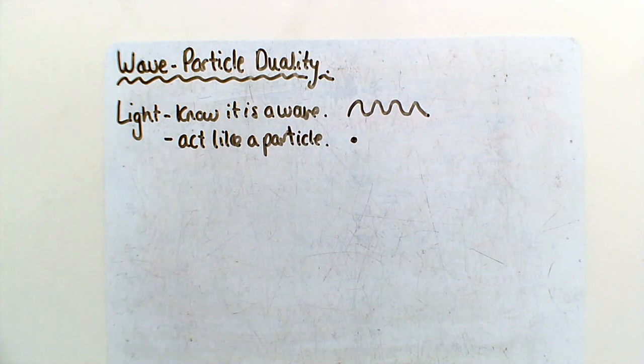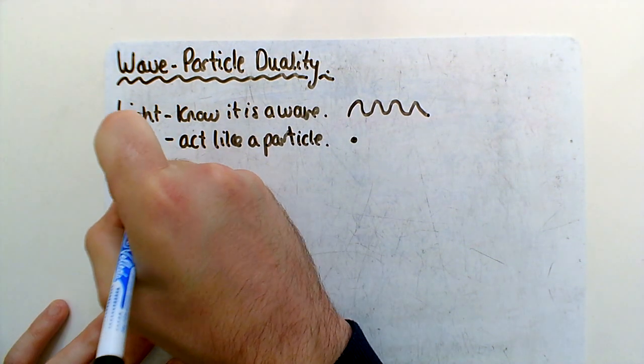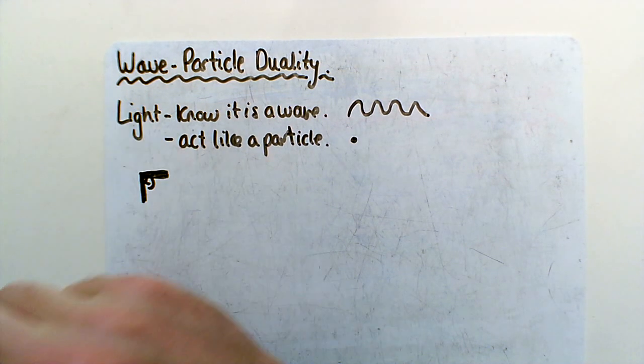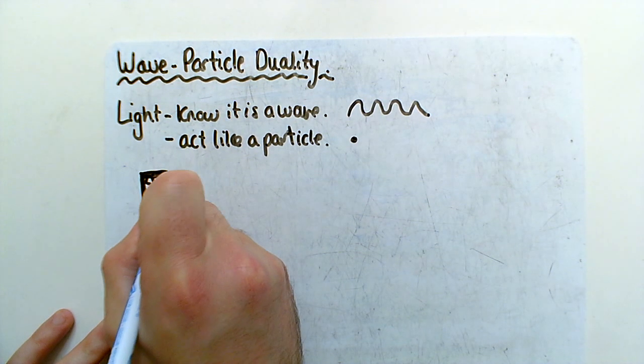Now light and other things like electrons, we can sometimes think of them like waves, we can sometimes think of them like particles. That can be quite confusing. The way that I imagine it in my head is that this is going to be a crude gun. There we go, we've got a gun, and there's a bullet coming out of it.